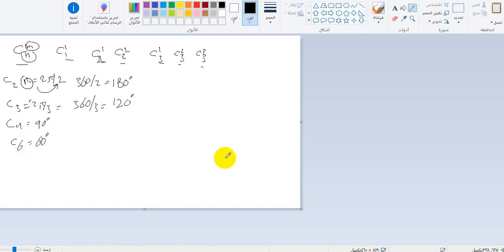Okay, so now about C2, we make a rotation by this angle, and about C3, we make a rotation by this angle.